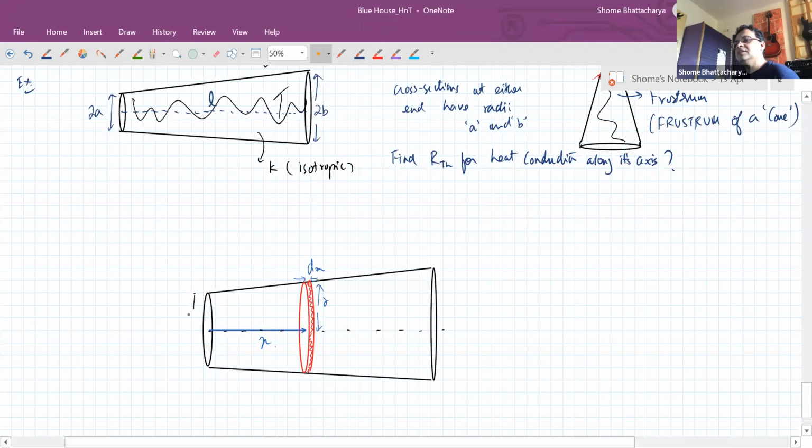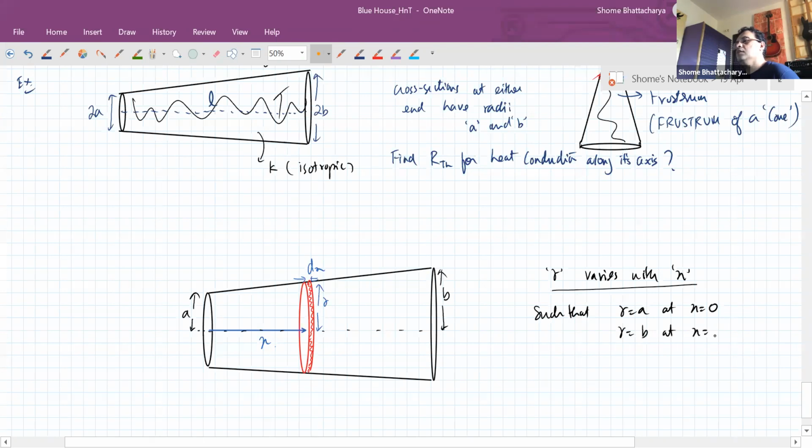As you can see, the radius at this end is a, and the radius at this end is b. So the radius r varies with x, such that r is equal to a at x equal to 0 and r is equal to b at x equal to l. This total length was l, of course.